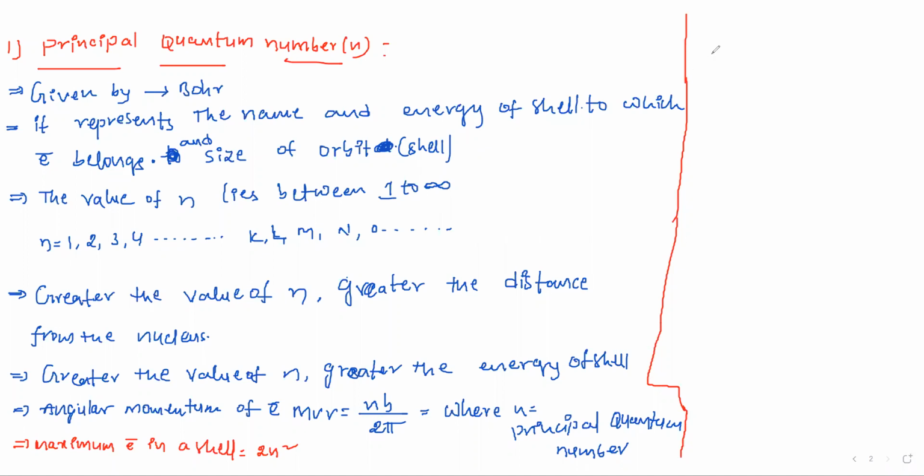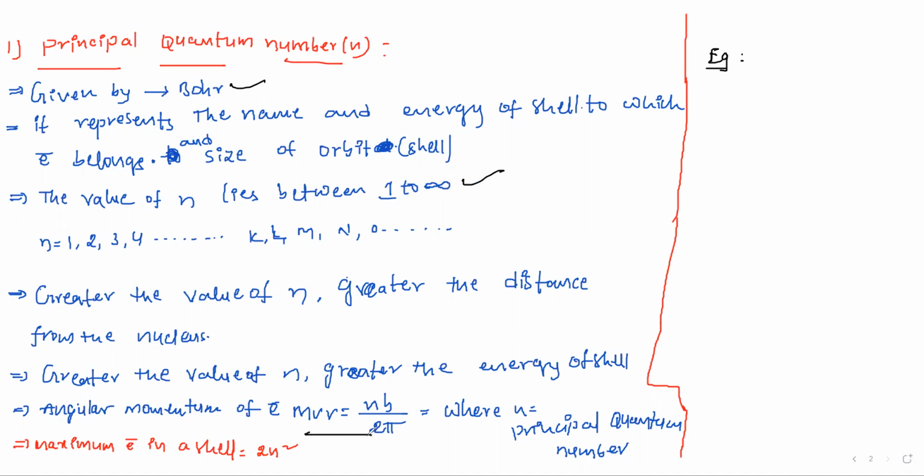Just listen to what I explained. This principal quantum number given by Bohr represents the name, size and energy of the shell. These n values lie from 1 to infinity, and we can represent them as K, L, M, N. The greater the value of n, the greater the distance and the more the energy.